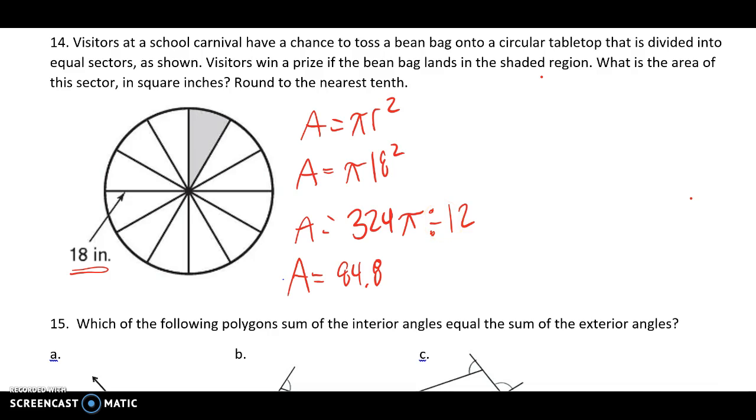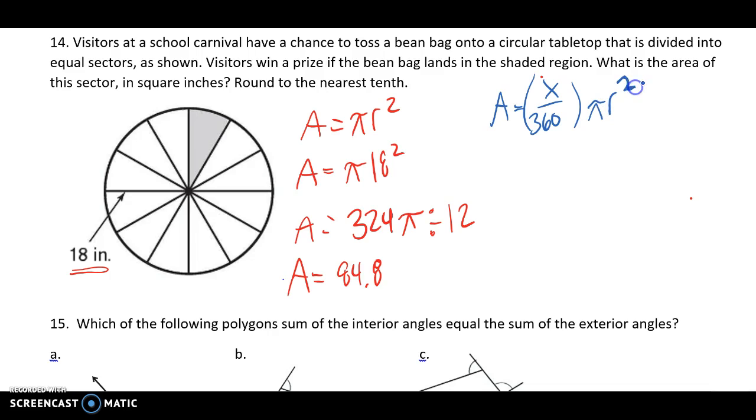The other way we could have found it is using the area of the sector formula. So area equals x over 360, x being the degree measure of your sector, times the area, pi r squared.